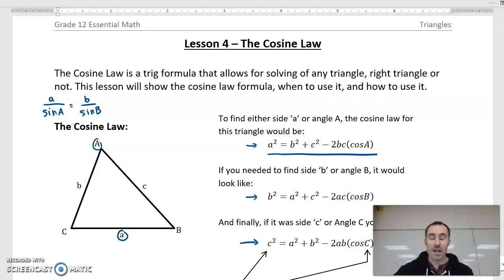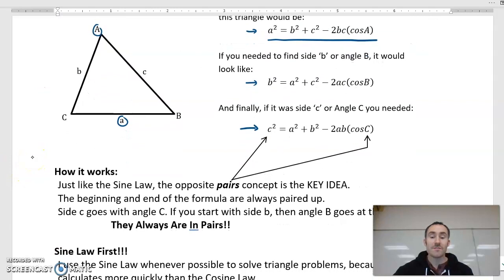The important thing is, and I want you to notice this, that the C over here, side C, matches with the angle that you're putting in over here, cosine C. Same thing over here. This side B matches with this angle B, and this side A matches with this angle A.